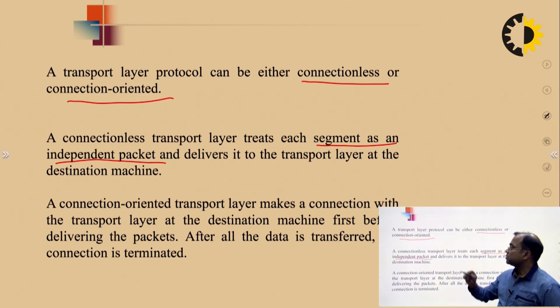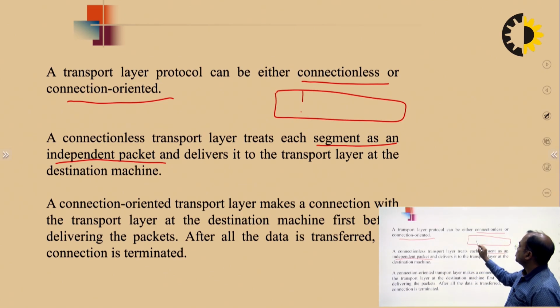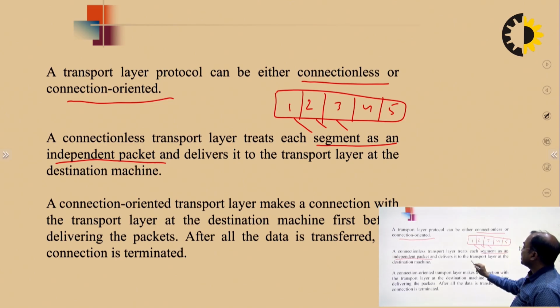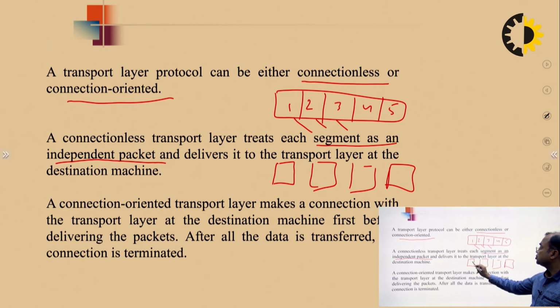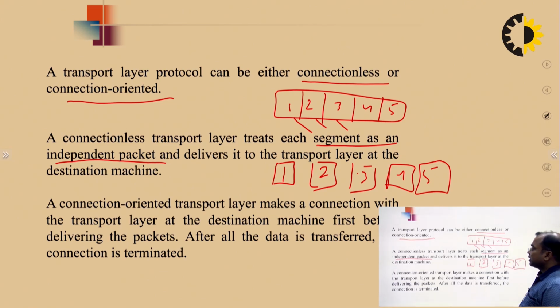It divides the data into small segments, segment 1, 2, 3, 4, 5, and all these segments are independent, so nothing depends on the others. When these independent segments are sent over the network, they may take any route, since there are many routers throughout the network.